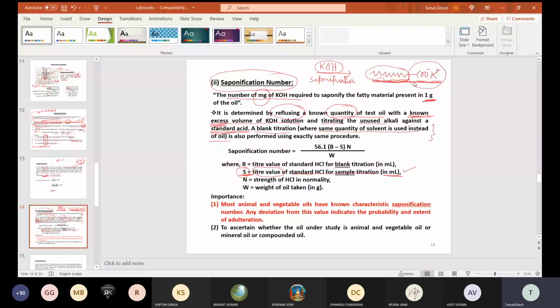Do you have any idea what a condenser is? No, sir. Whenever you heat a solution, the solvent gets vaporized and goes upward. The vapor goes upward as you heat.